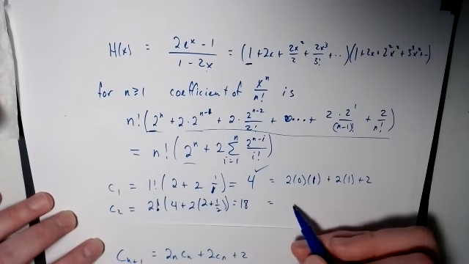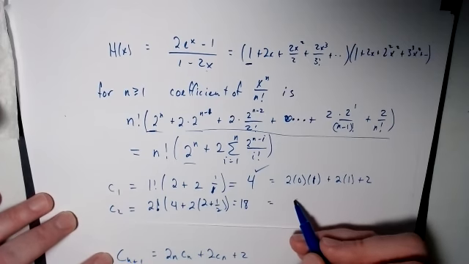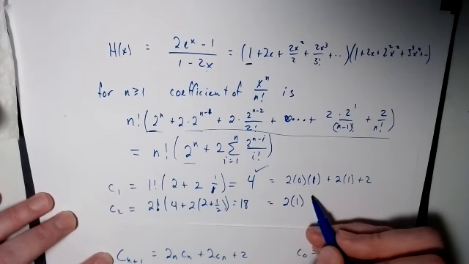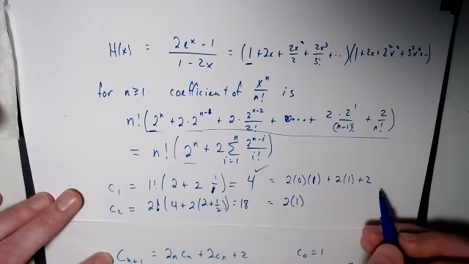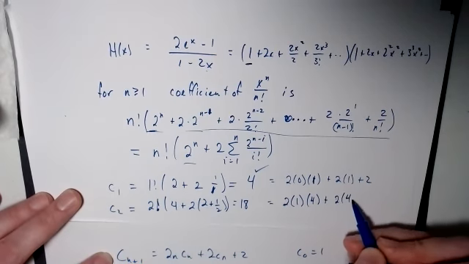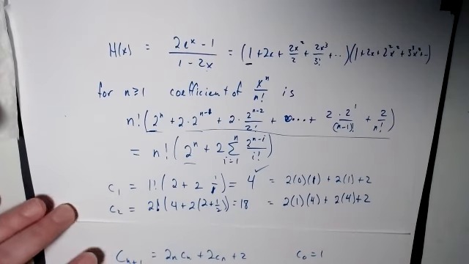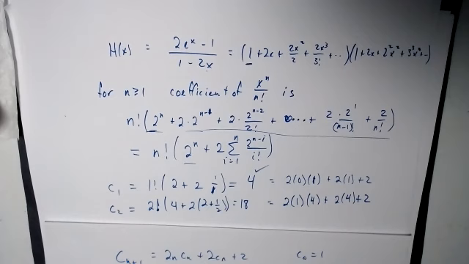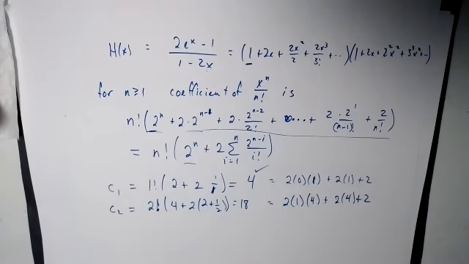And if we do it this way, C2 is equal to 2 times 1 times C1, which was 4, plus 2 times C1, which was 4, plus 2, and we get 8 plus 8 plus 2 is 18. That last step is really just a check step.